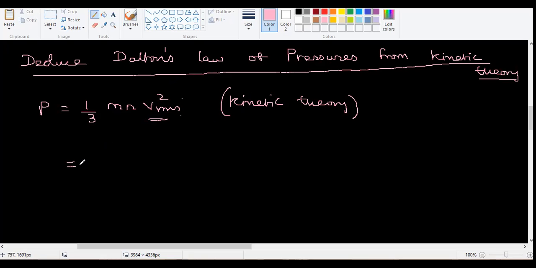So that means I'm going to write the total pressure as contributed by different gases. So M1, N1, V RMS square.